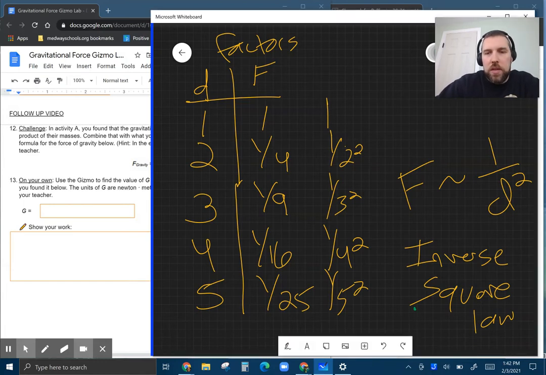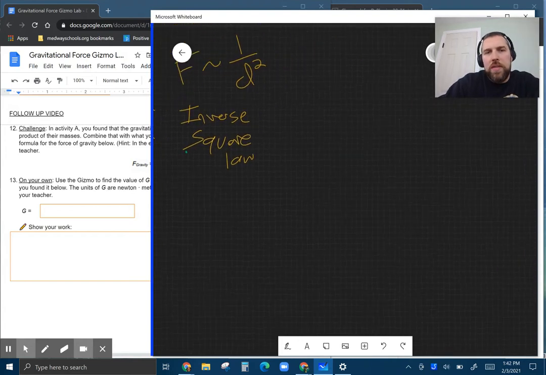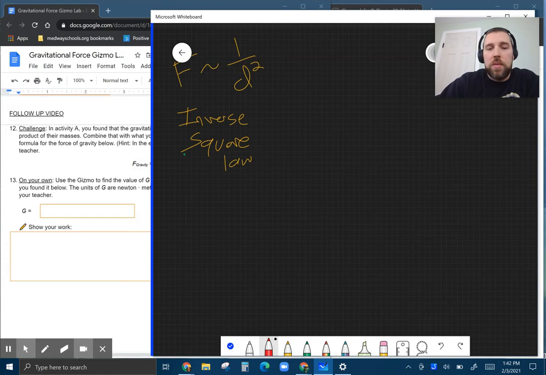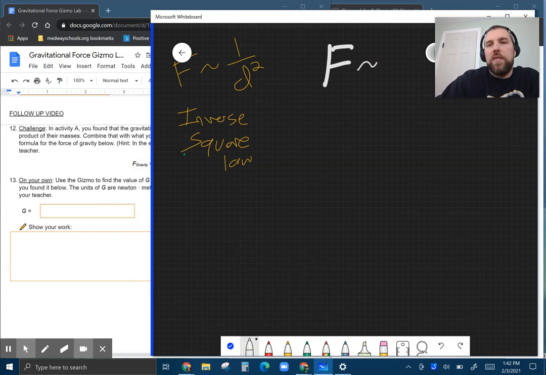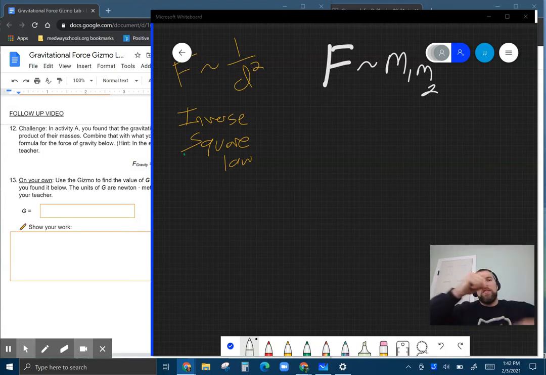Okay, so what can we do with this? Now we have this relationship, 1 over distance squared. From the last activity we did, we have forces also proportional to both of the masses, right? So it's directly proportional to the masses and then proportional to the inverse of the distance squared. We have both these two relationships we looked at separately.